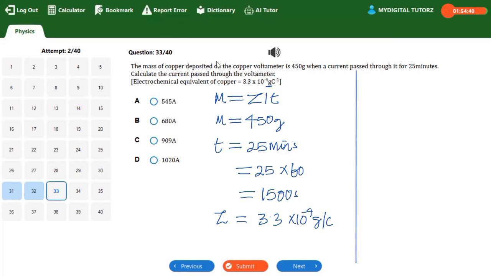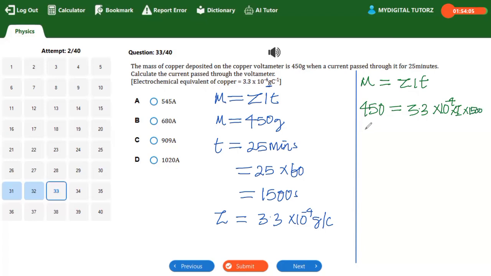Exactly. So here we have our formula, which is M equal to ZIt. You're looking for I, you can decide to make I the subject of the formula before you plug in the values, or you plug in the values directly. What is our M? Our M is 450, equal to Z, the electrochemical equivalent, which is 3.3 times 10 raised to power minus 4, then multiplied by I, then multiplied by time, which is 1,500.